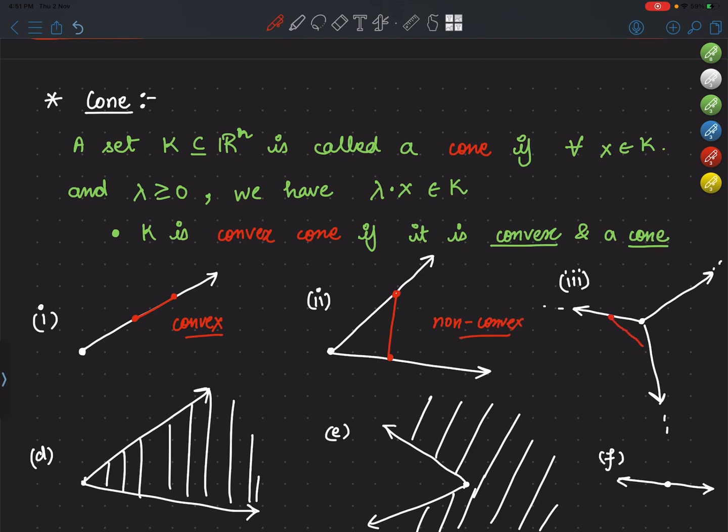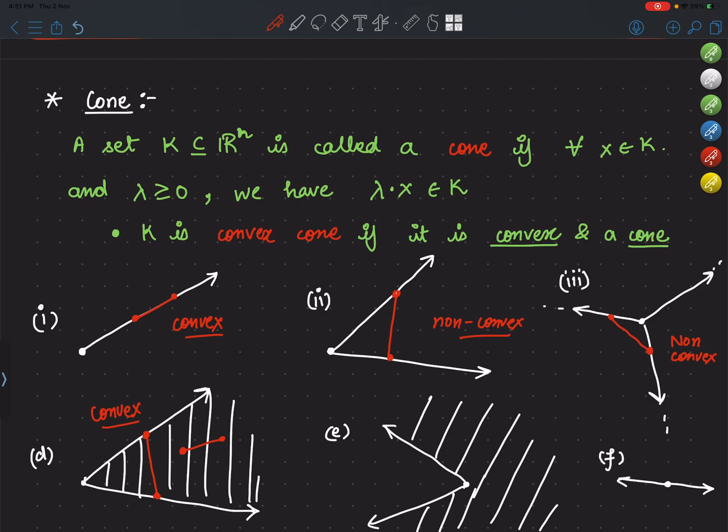This is non-convex also. This one is actually convex because if you take any 2 points, the line segment joining those 2 points will always belong to the set.